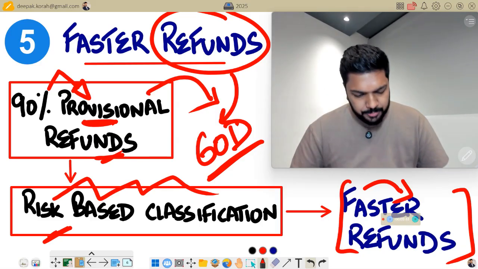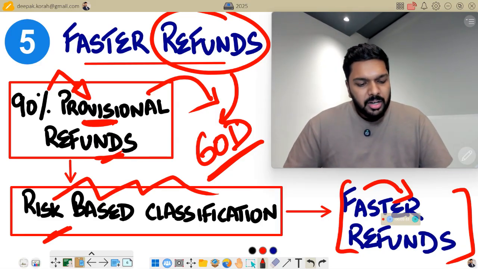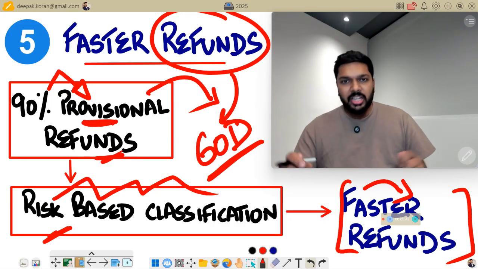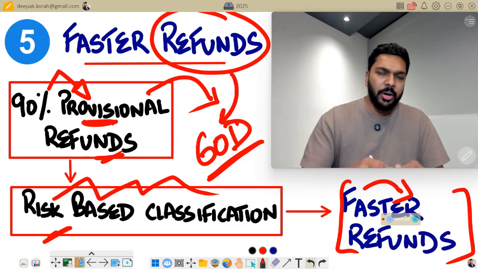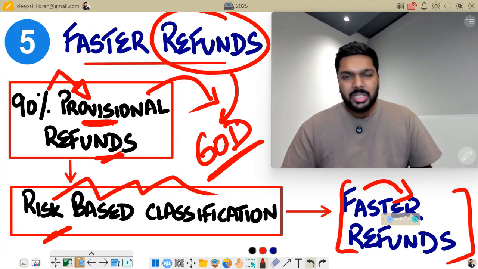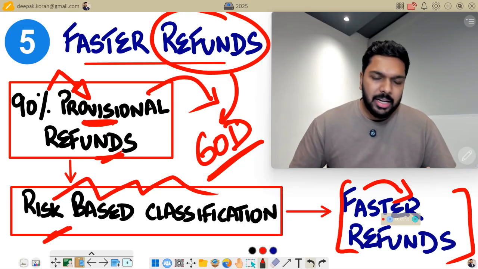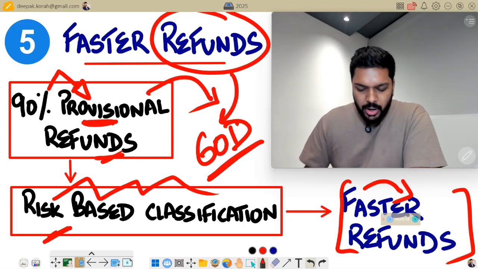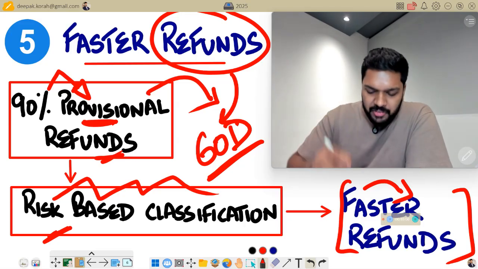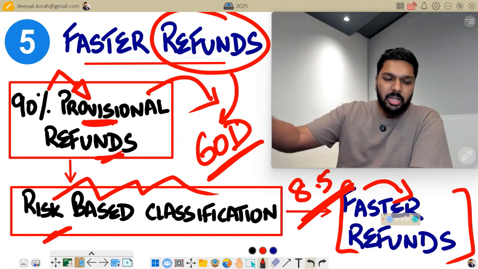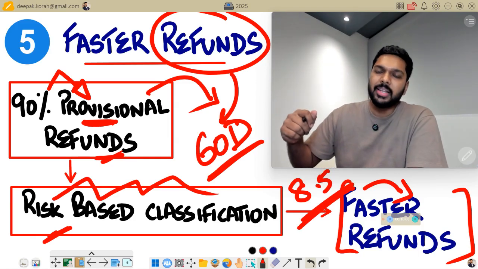Well, 2025 was a very challenging year for GST, but a revolutionary year because of GST 2.0 introduction and GST Appellate introduction and simplified registration scheme and a refund scheme and all that. Well, it's been only 8.5 years since GST came into picture. 9 years will be completed once it crosses July 1st, 2026.